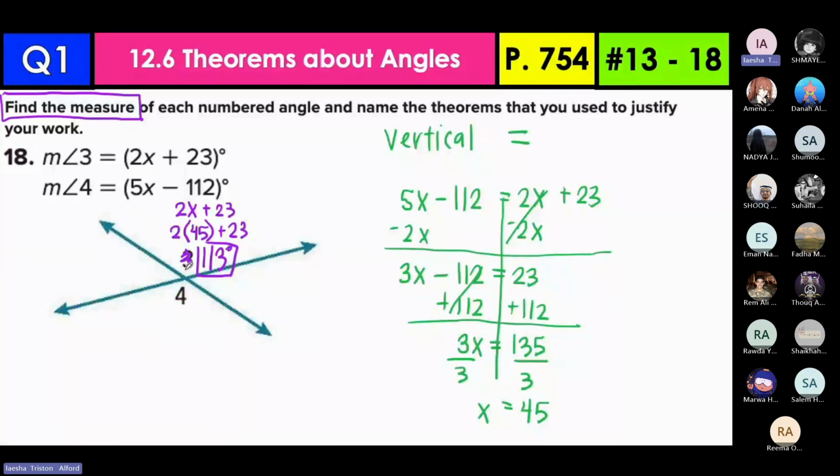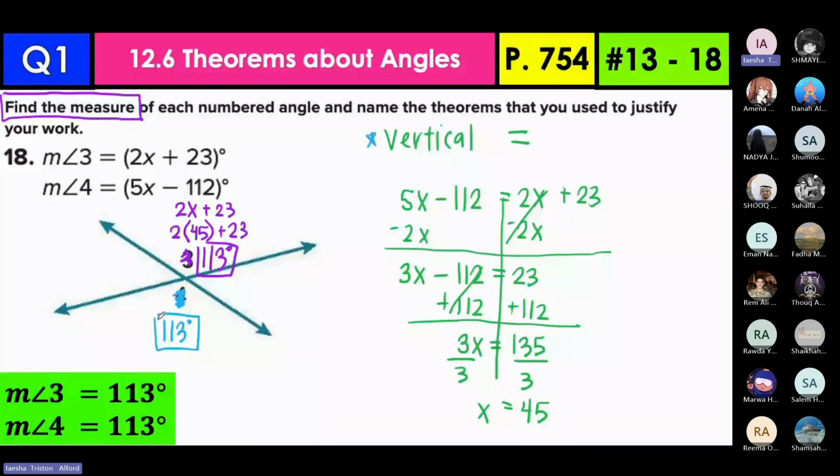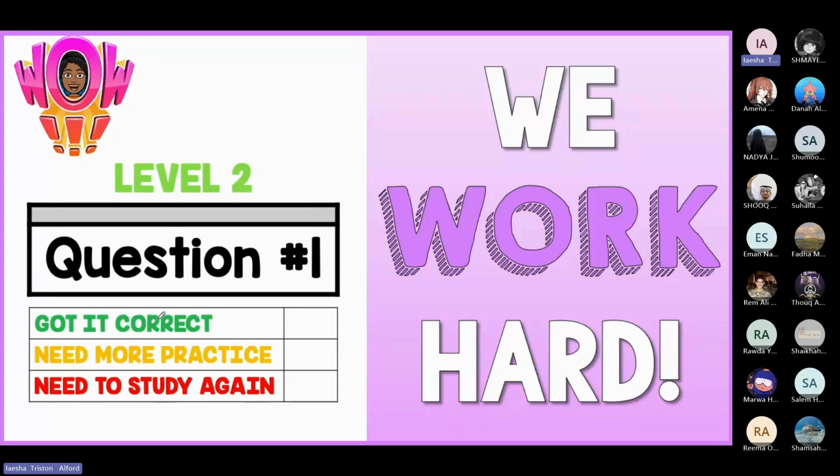If angle 3 is 113 degrees, what should angle 4 be? 113, because they are vertical, so they should be equal. Opposite angles are equal.